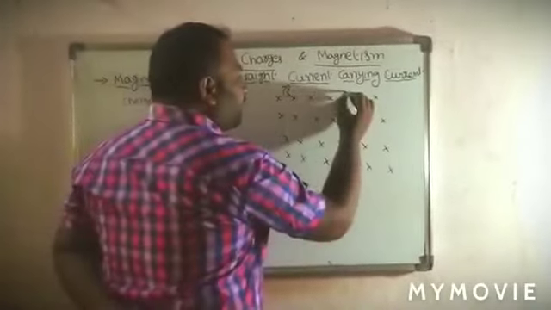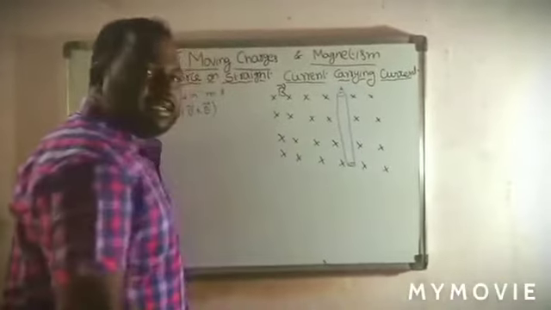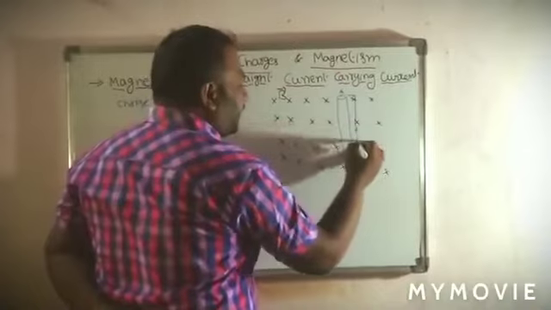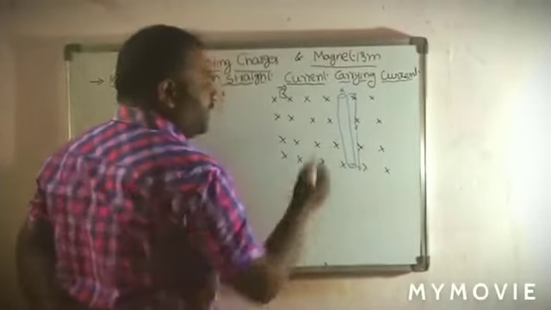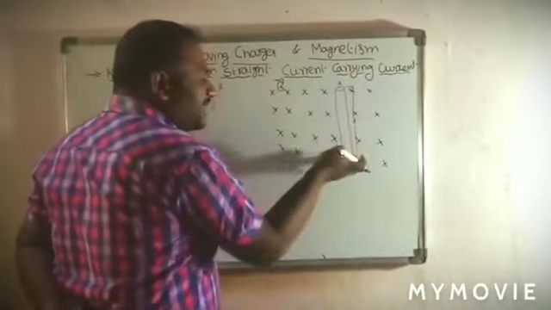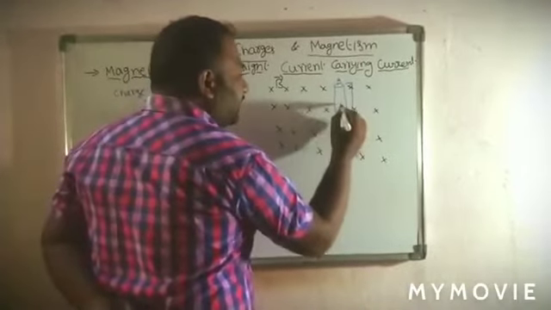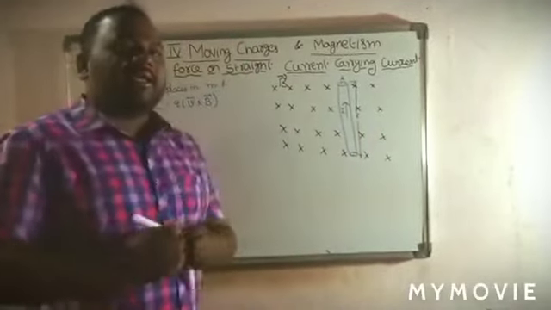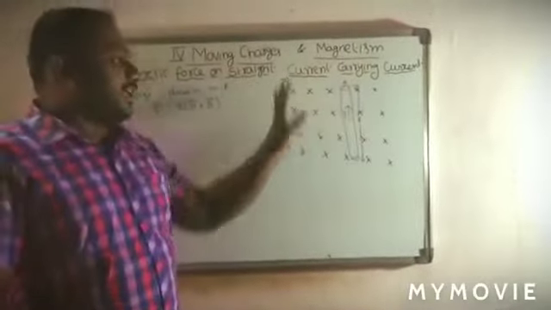The area of cross section of the conductor is A, and the length of the conductor is taken as L. Since it is a current carrying conductor, a current of I amperes will be flowing.